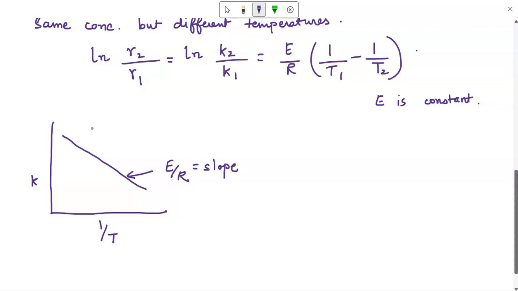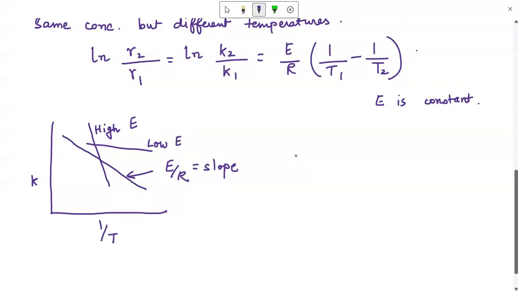Now if you have a very high activation energy value, then your slope will be greater, say like this. So the slope is much sharper. This is for higher activation energy. But if you have a lower value of activation energy, then you will have a smaller slope, say this kind of slope for low activation energy.